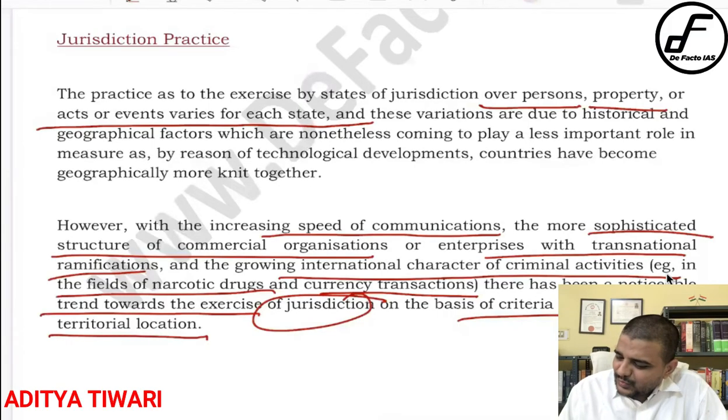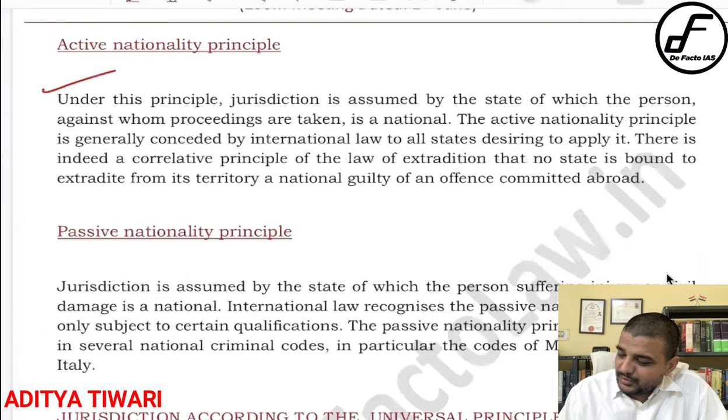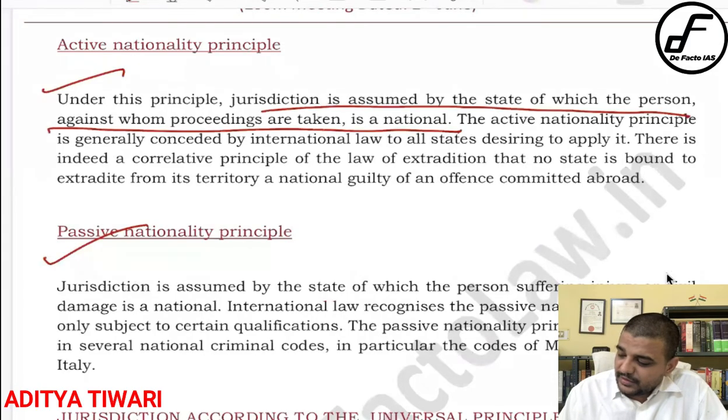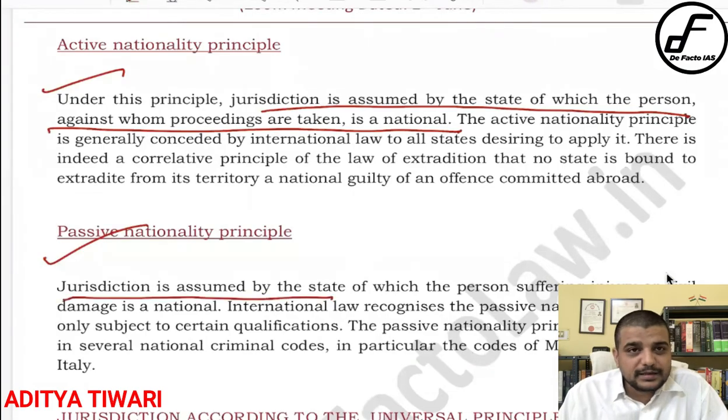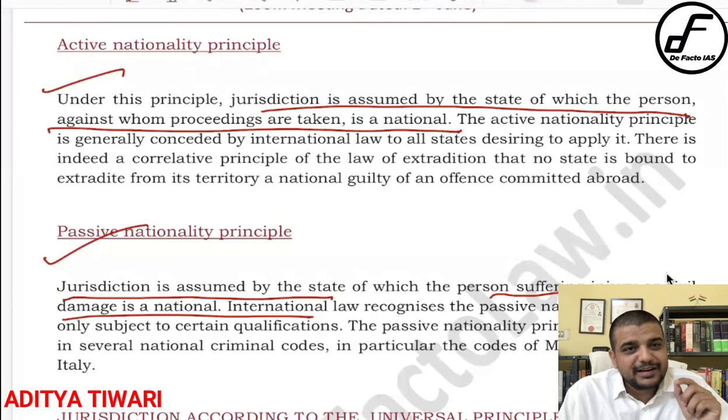So that is why two major principles are there: active nationality principle and passive nationality principle. Under the active principle, jurisdiction is assumed by the state of which the person against whom the proceedings are taken is a national. Passive is not like that: it is assumed by the state of which the person suffering injury is a national. That is, the country of the individual against whom the crime has been committed will assume jurisdiction. And in active, the country of the person who committed the crime will assume jurisdiction. Now both have their own ifs and buts.